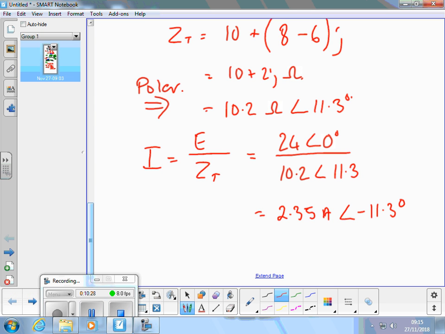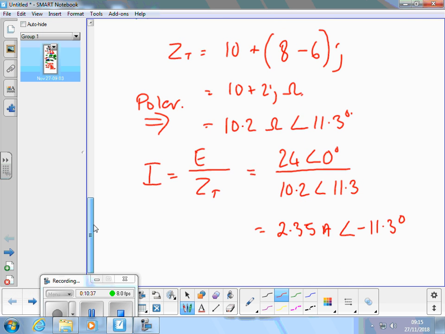Okay. And then we could use that current to calculate other values and so on.